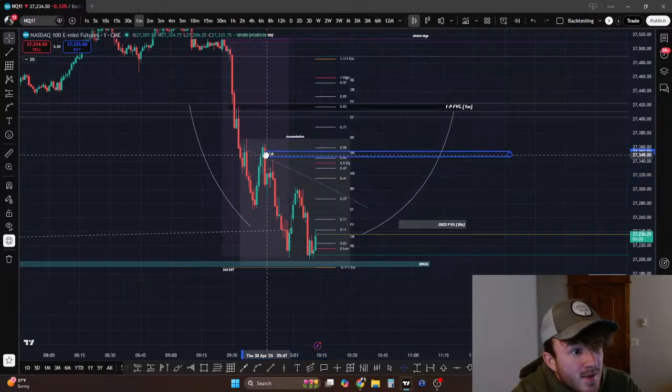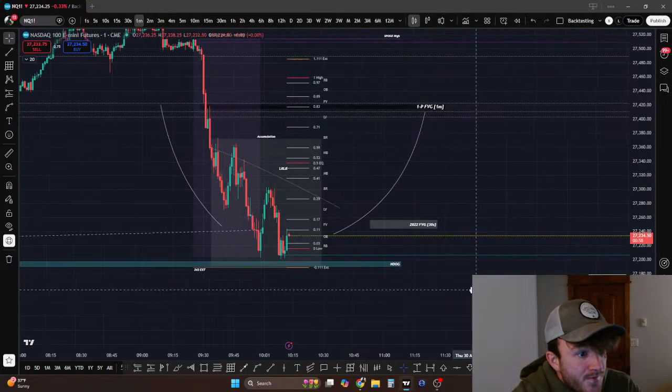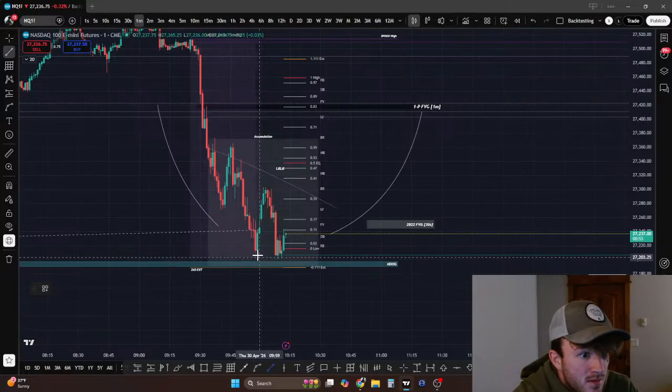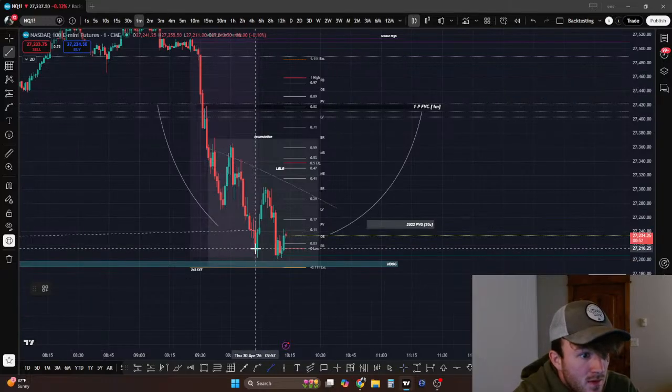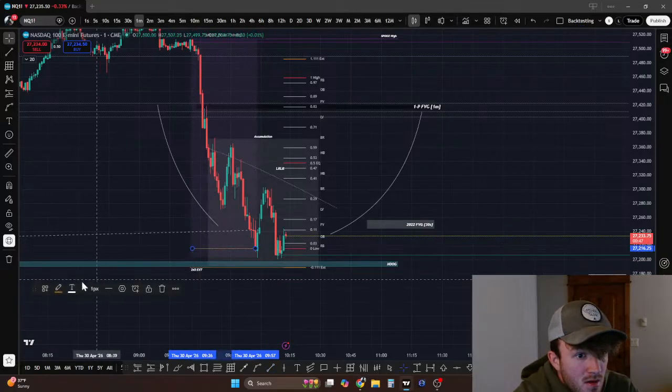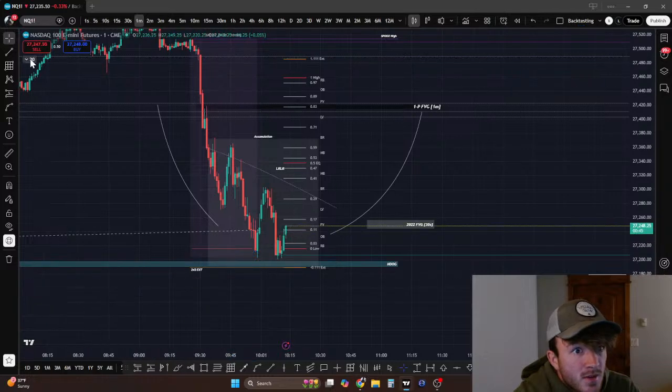I kind of think this will be high resistance. This is 243, right?